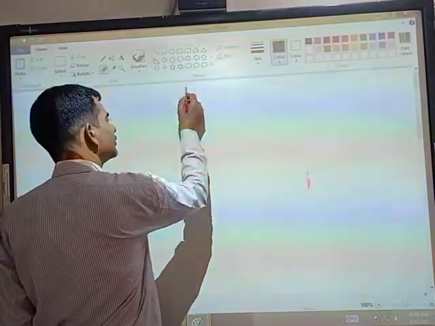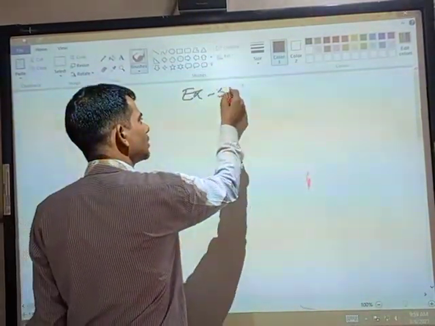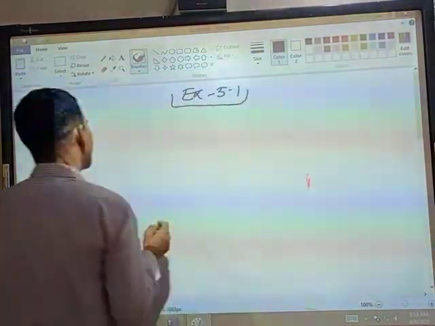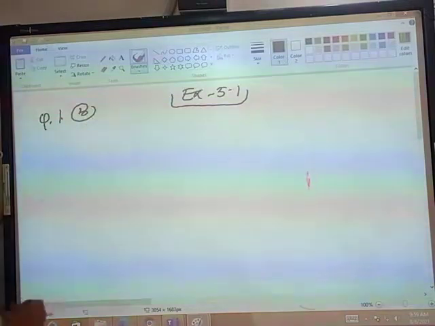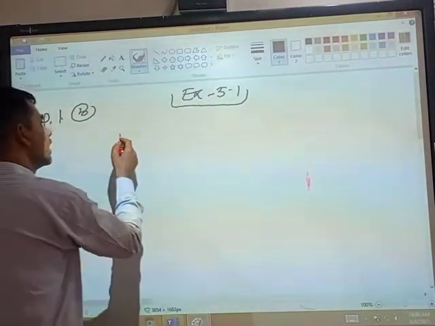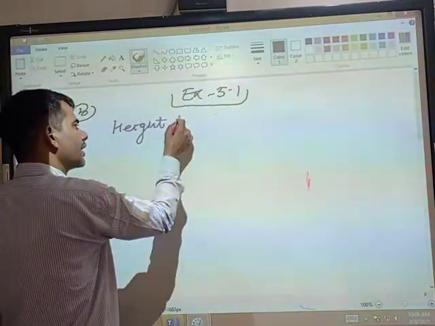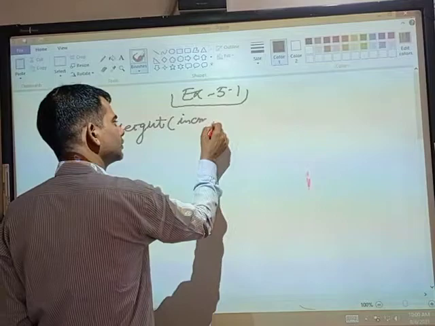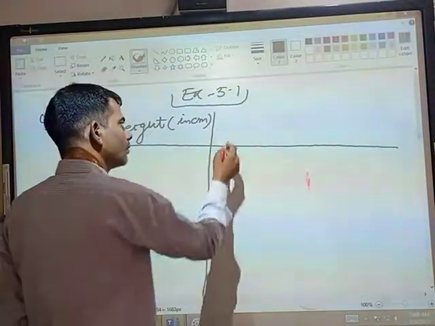Exercise 5.1, question number 1. Now the question is the height of competitors in an athletic meet. Height in centimeters, and number of students.